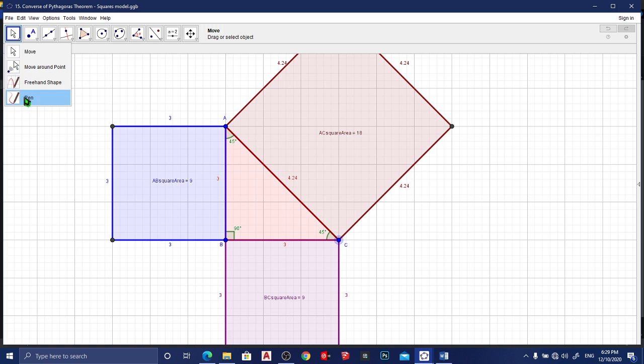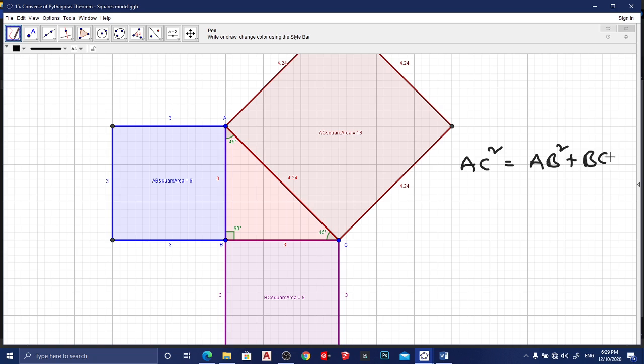You can check whether AC square is equal to AB square plus BC square. AC is 4.24 whole square, AB is 3 square, and BC is also 3 square.